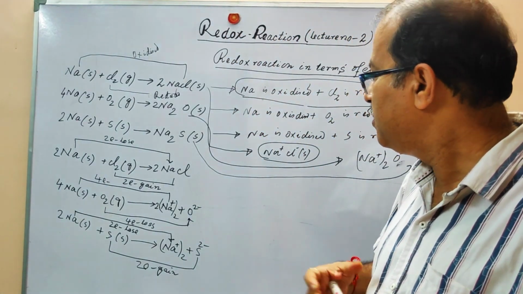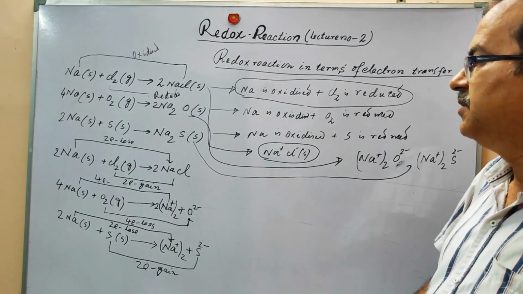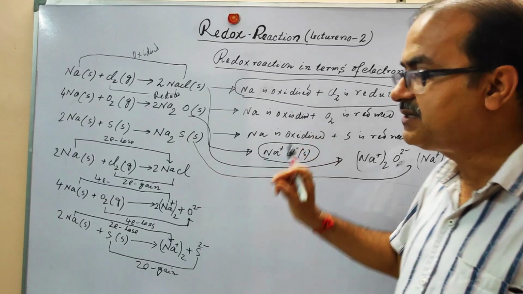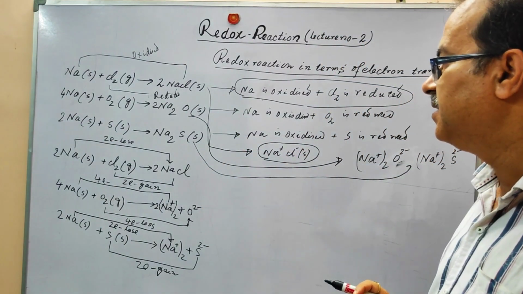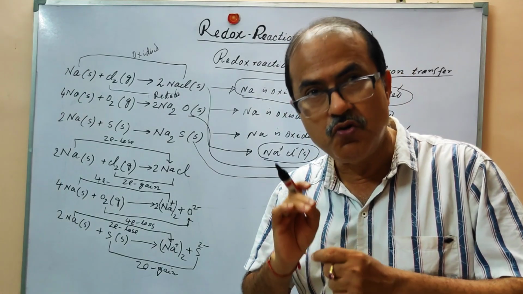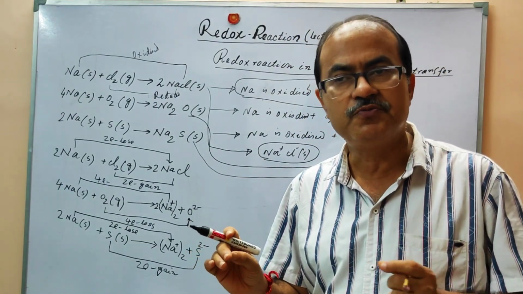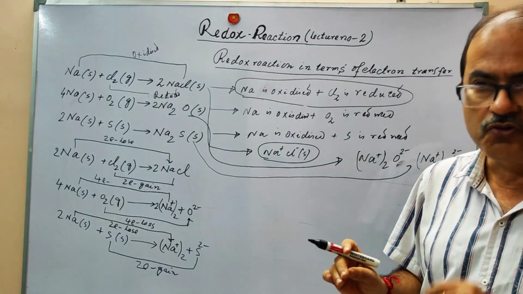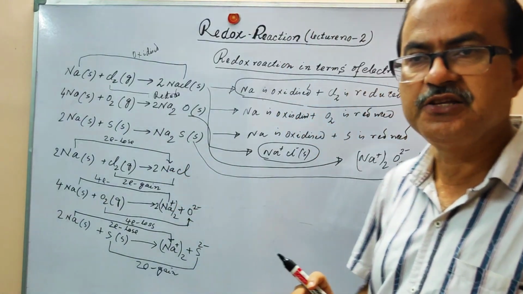Now if we closely see these reactions, what do we find? This reaction has been completed in 2 steps. In one step, electrons are lost by one of the species, and in the other step this lost electron has been gained by the other species.